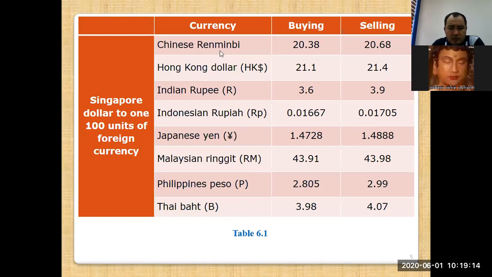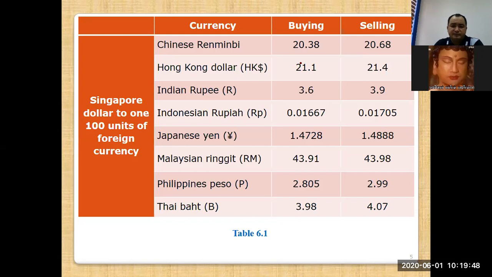For example, for the Khmer riel, 1 US dollar is about 4,000 riel, which is quite big, so sometimes we don't change 1 riel but take a base of 4,000 or 1,000 riel. Here, it's Singapore dollar to 100 units of foreign currency. Take the Chinese renminbi. If the bank buys 100 from you, the bank pays 20.38. If the bank is selling it, you need to pay 20.68. The bank is buying at this rate and selling at that rate, so the difference is the bank's profit.